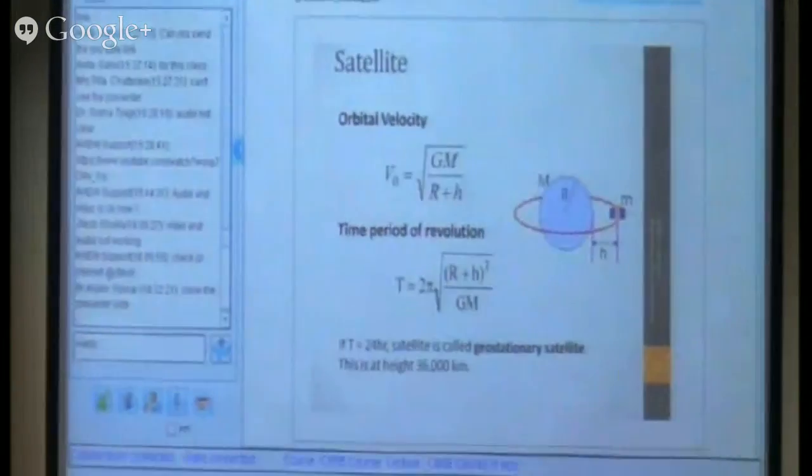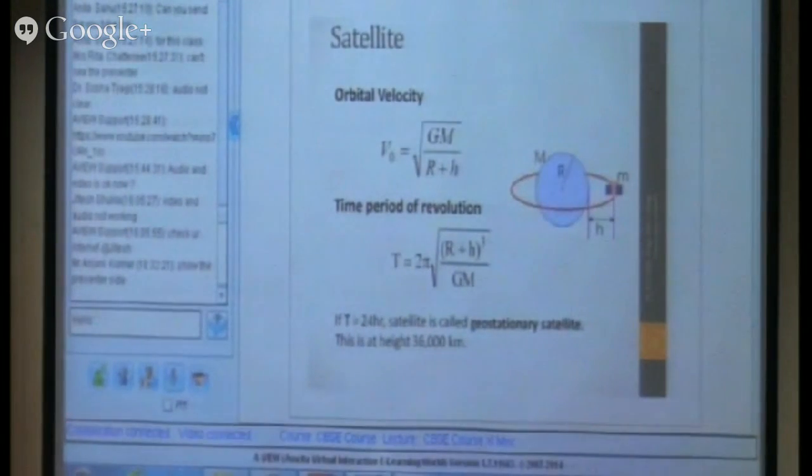A very interesting and very important topic from gravitation. This is the technological application of gravitation. Satellite, maybe natural, maybe artificial.